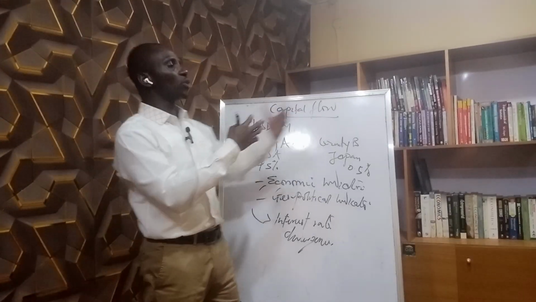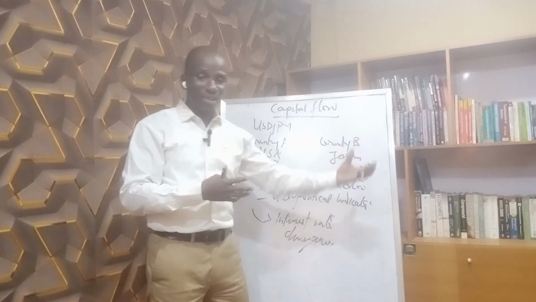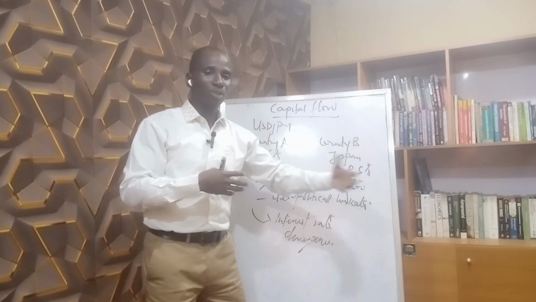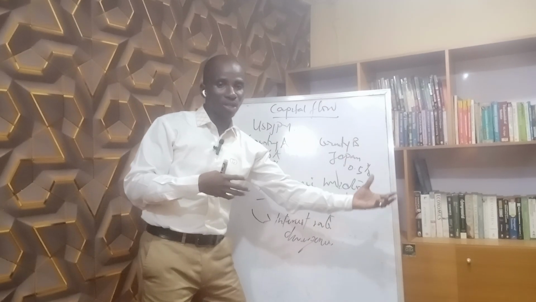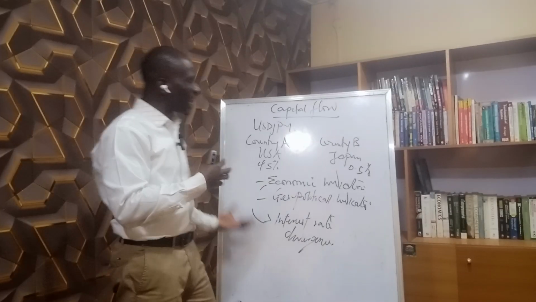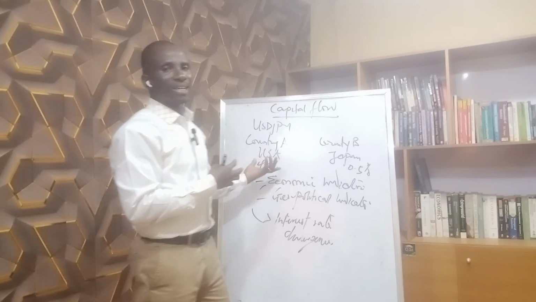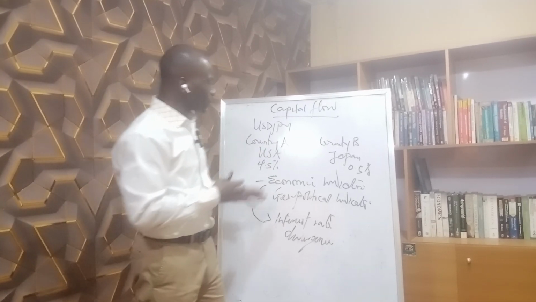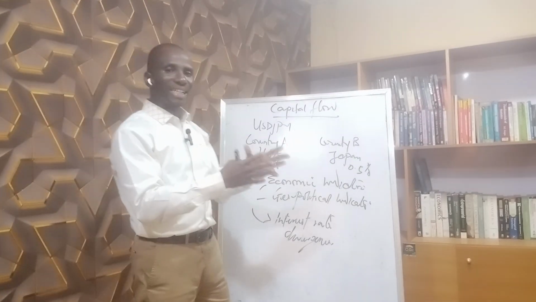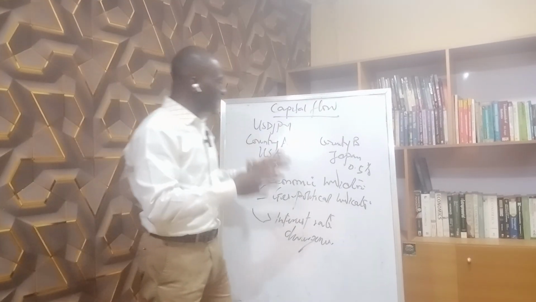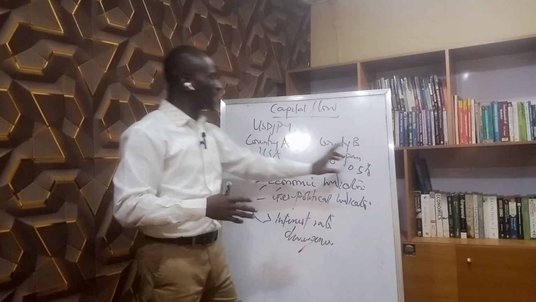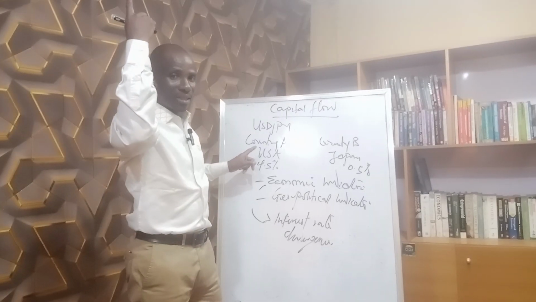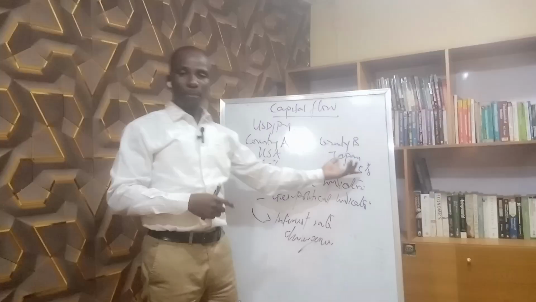When people move to a country with very low interest rates, they borrow their capital from such a country and move that capital to a high yield currency like the USA, like the case we are considering now. So when there is carry trade engagement, it is going to make the demand for US dollars increase relative to Japanese yen.